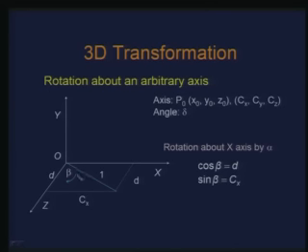Now if I perform the rotation about y by an angle beta, I will align this to the z axis. Again we compute the terms necessary for the rotation matrix, which are cos beta and sin beta. So cos beta is nothing but d and sin beta is nothing but Cx.